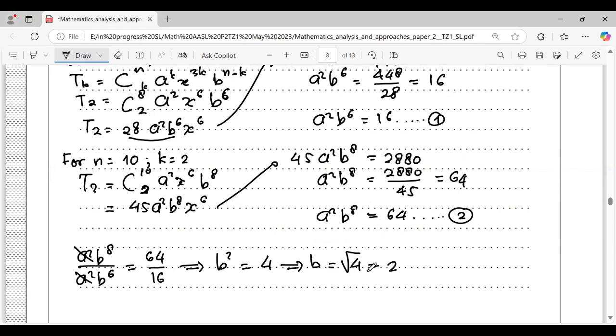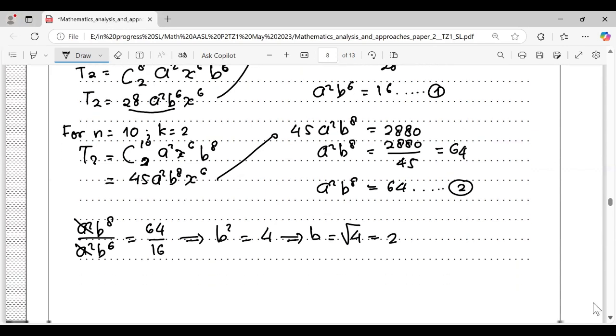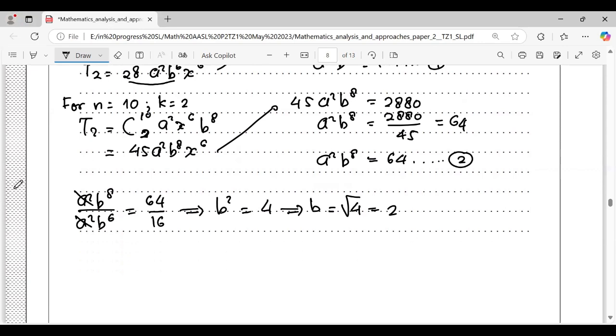And after that, substitute b equals 2 into the first equation. So a squared b power 6 equals 16. If b equals 2, b power 6 becomes 2 power 6, which is 64.